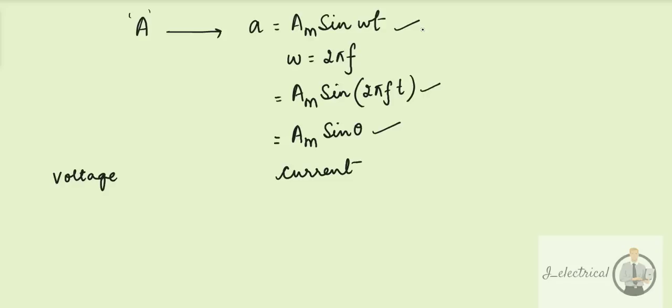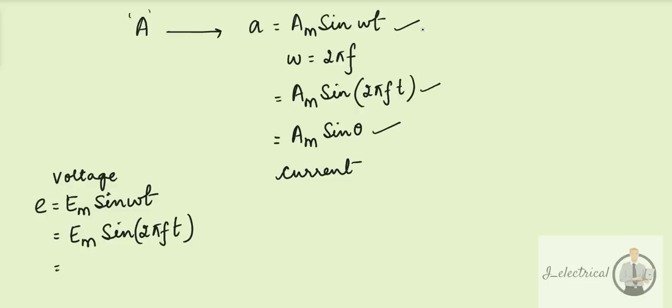If I write the instantaneous equation for voltage, it will be e is equal to Em sine omega t, or Em sine 2 pi f t, or Em sine theta. Right? All the three equations are one and the same.